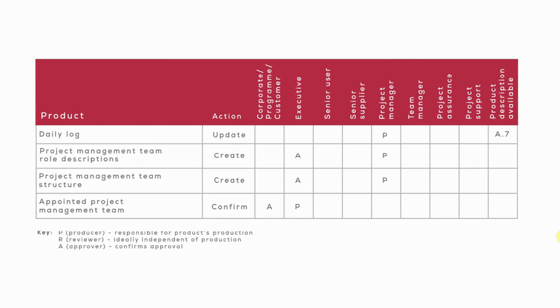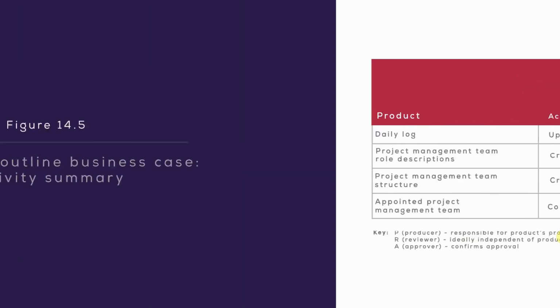The project manager will create the project management team role descriptions, which will be approved by the executive. The project manager will create the team structure, again approved by the executive. And the executive will then appoint any members of the project management team, and that itself will be approved by corporate program or the customer.